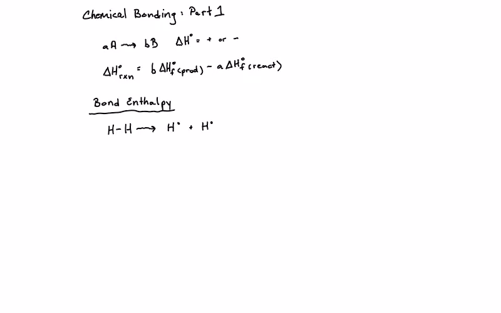This is what we call a homolytic cleavage, which is really just a fancy way of saying that the electrons that are in the bond between the two hydrogens are going to be divided evenly across the two hydrogens.